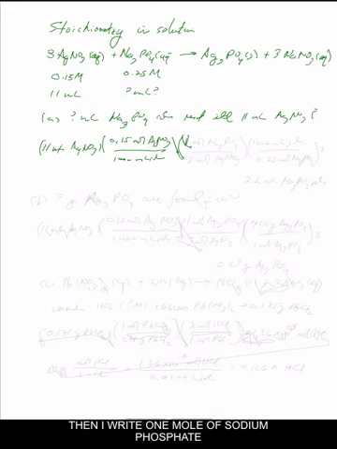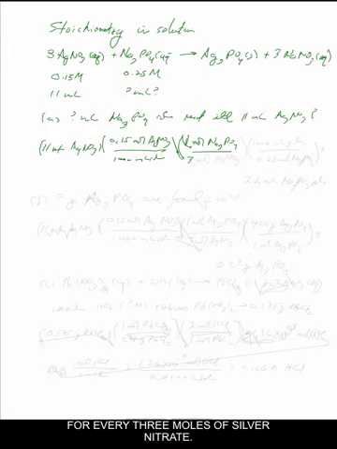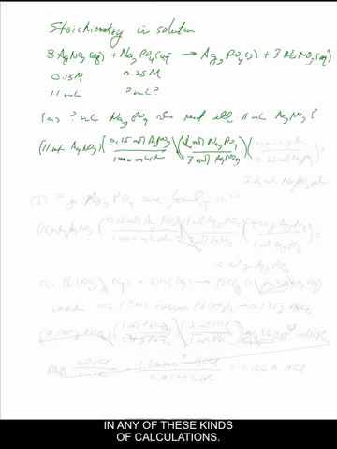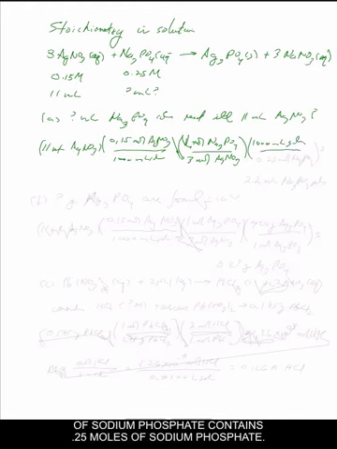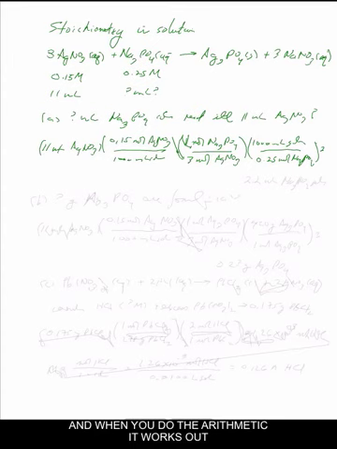Then I write 1 mole of sodium phosphate for every 3 moles of silver nitrate. There is always a stoichiometry relationship in any of these kinds of calculations. And finally, the last step is 1,000 milliliters of the solution of sodium phosphate contains 0.25 moles of sodium phosphate. And when you do the arithmetic, it works out you need 2.2 mL of the sodium phosphate solution.